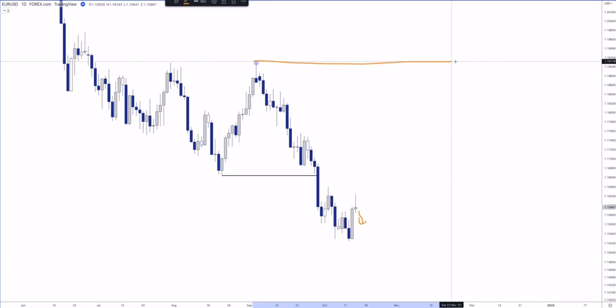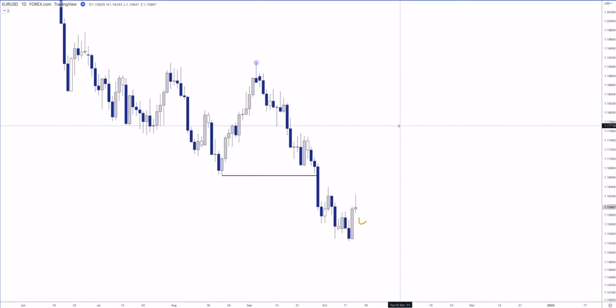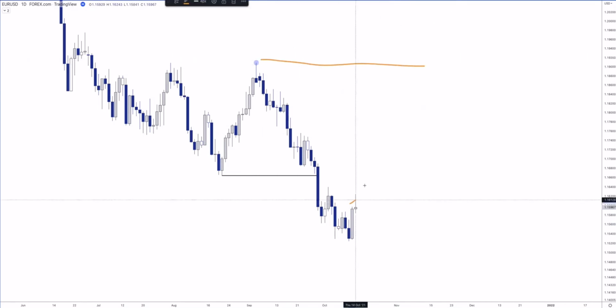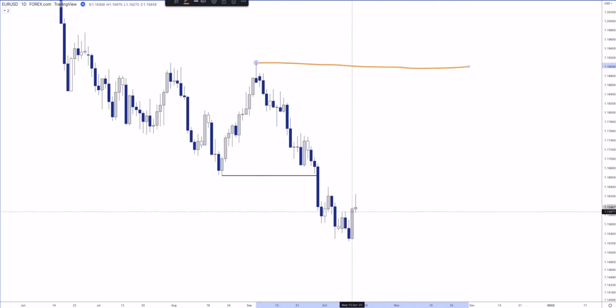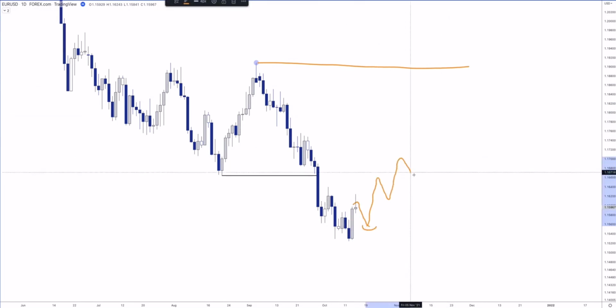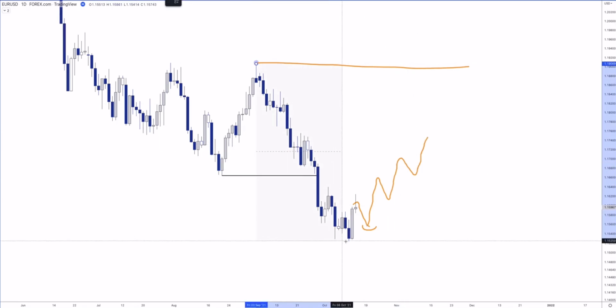You always draw it here. It just so happens that a lot of the time that fractal high on the daily chart may line up with where the 4-hour swing high is, okay? So it's a coincidence. It's not the rule of how you define where you draw it, because sometimes it might be a little bit higher or a little bit lower, right? But we know this is the 4-hour swing high because that's the highest point that took out the low, okay?